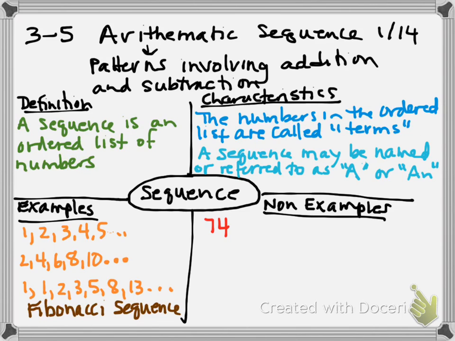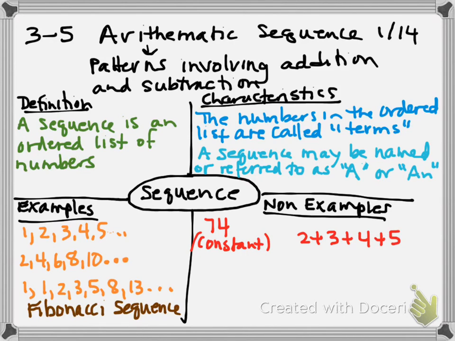A number on its own is not a sequence. It's got to have a group of numbers that are listed, separated. So a constant is not a sequence. How about, what if I have plus signs between them? Is that a sequence?